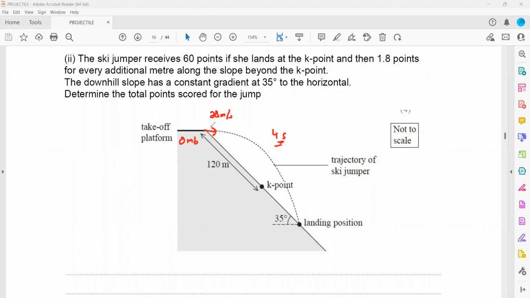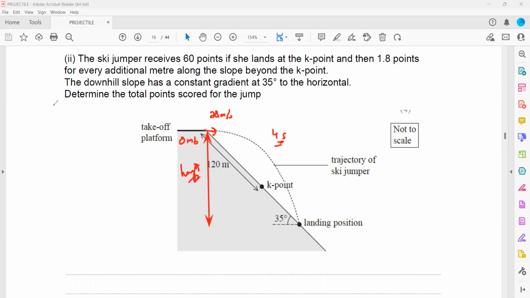So first we'll find the vertical distance it covered, how much vertical distance from the starting position. To get the vertical position or the height, we use the equation of motion for the vertical component.